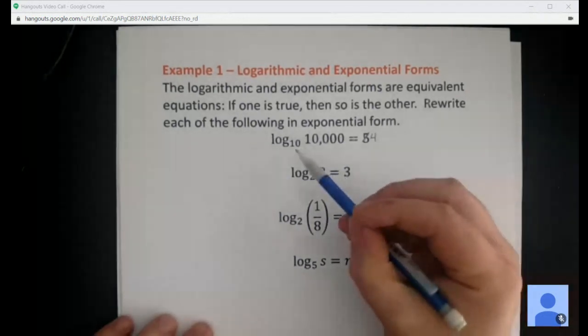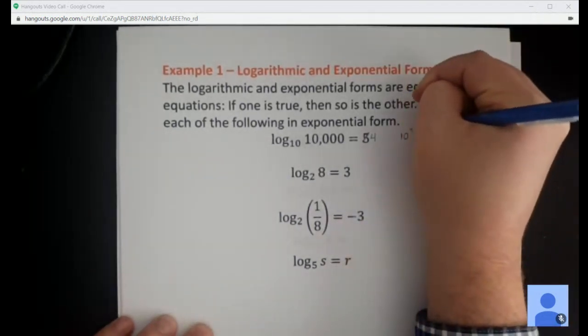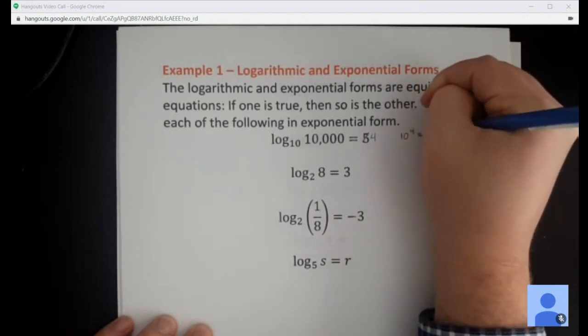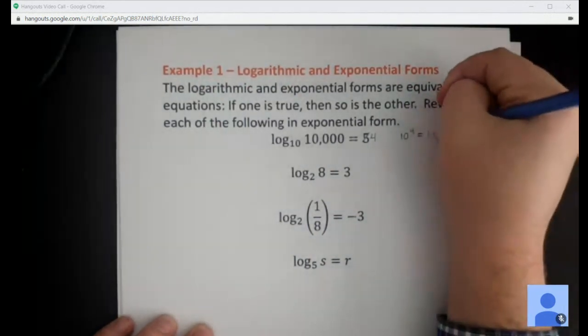Okay, good. So we're going to start with 10 to the 4th power. And then what should 10 to the 4th power be equal to? Good, equals 10,000.